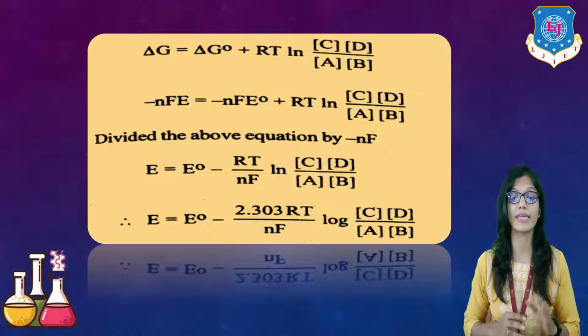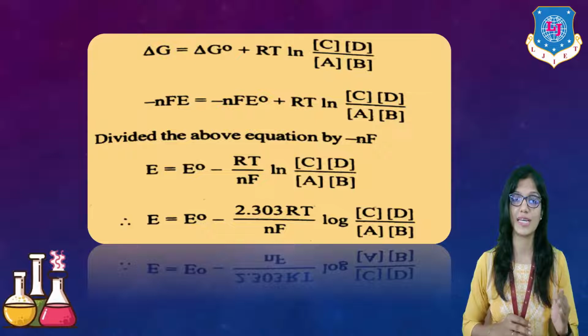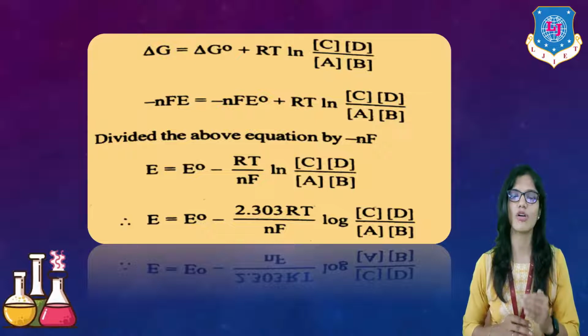What we will get is delta G is equal to delta G0 plus RT ln of concentration of C into concentration of D divided by concentration of A and concentration of B.